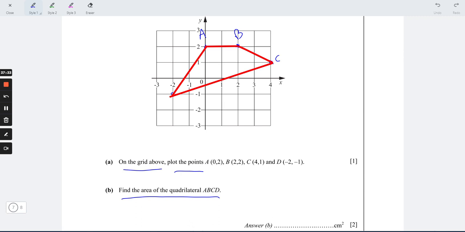So in this case here, to find the area, try to find how many squares you have inside this shape. So here we have 1, 2, 3. This piece here is missing one here to make one full square.